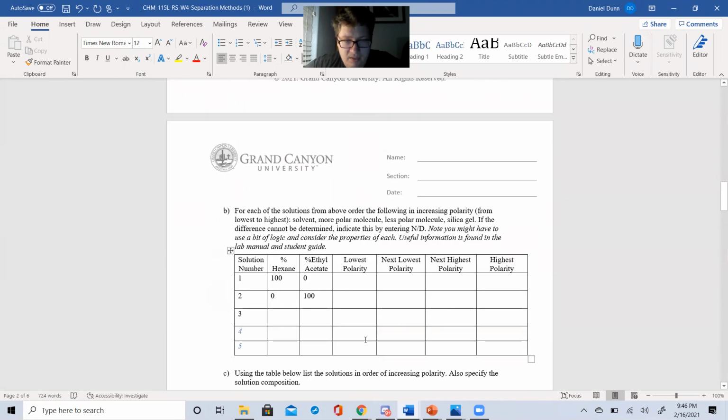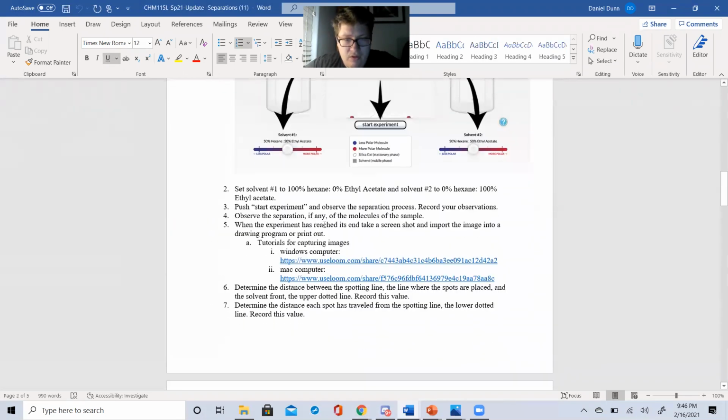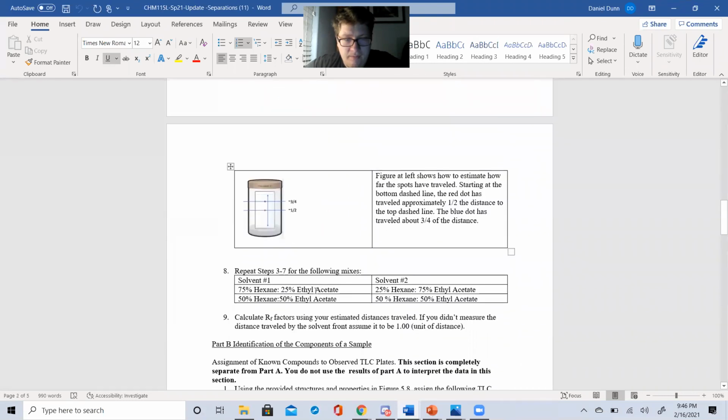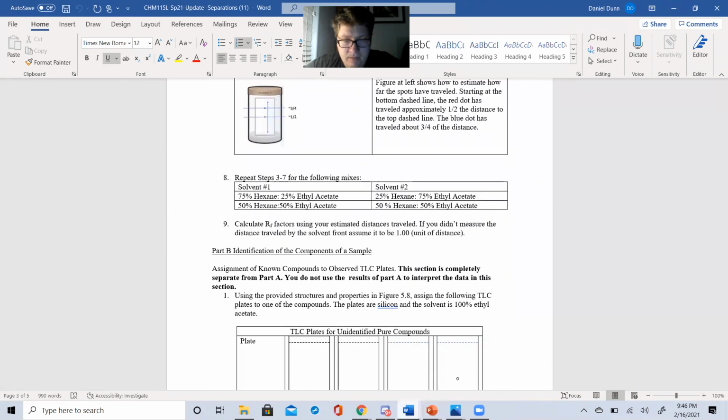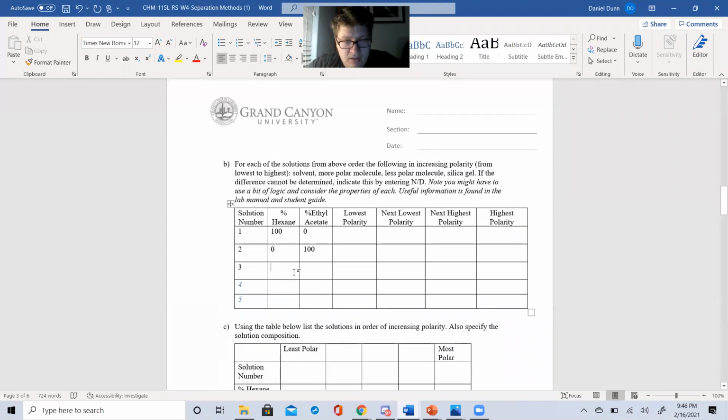If you don't know what I'm doing, I'm just following the instructions. Next up, this would be solvent 3, which is 75, 25. This would be 25, 75. This would be 50, 50.